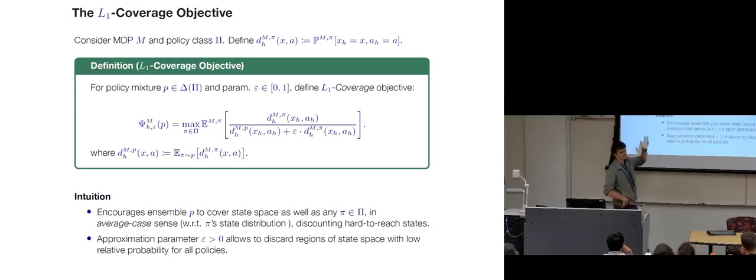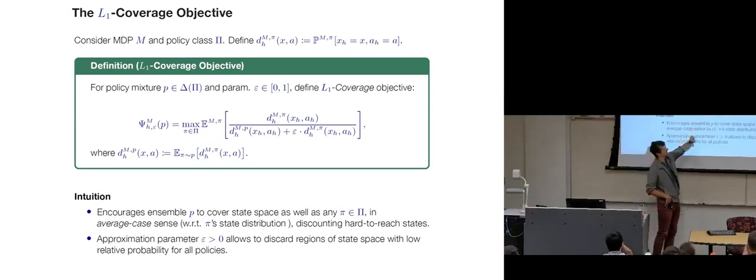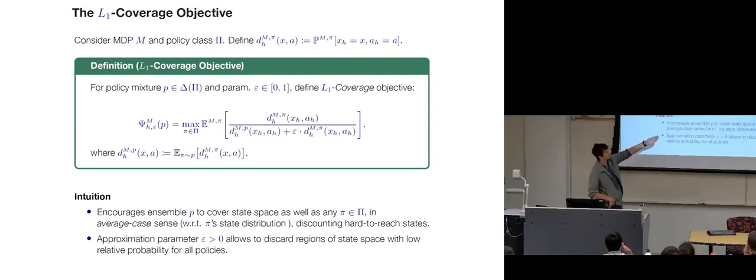The numerator, again, is just the occupancy for the policies. And in the denominator, you now have the occupancy distribution for your policy mixture. So how well does this policy mixture cover all the other policies? And the small plus epsilon in the denominator is just making sure that this thing is bounded.